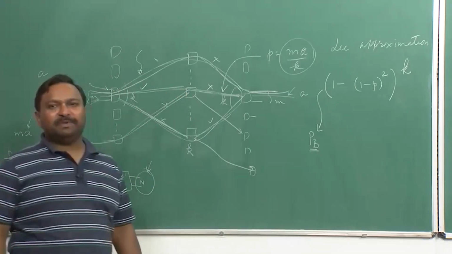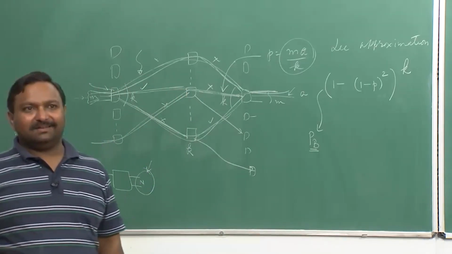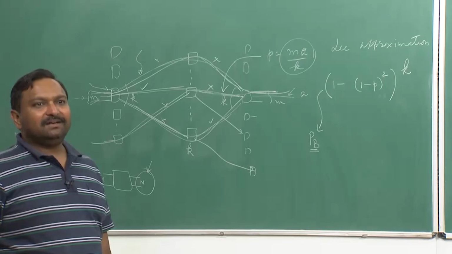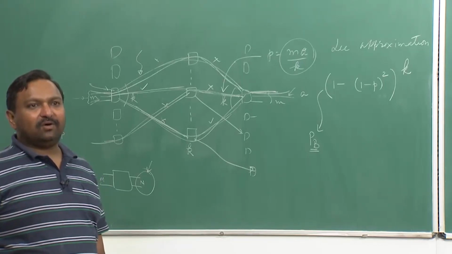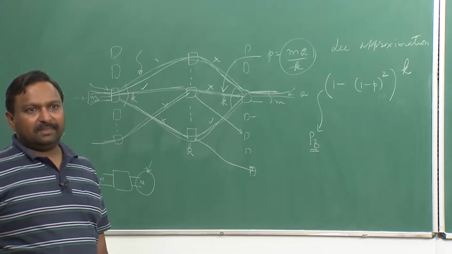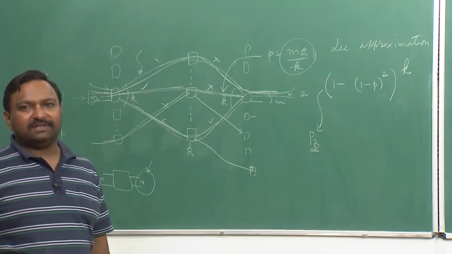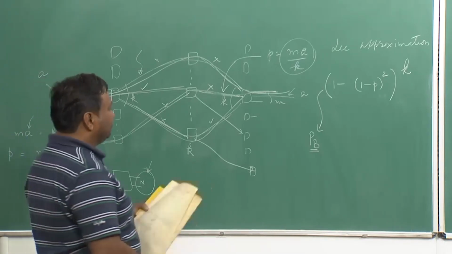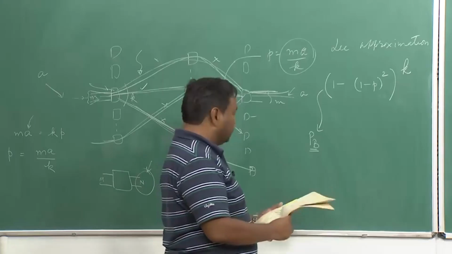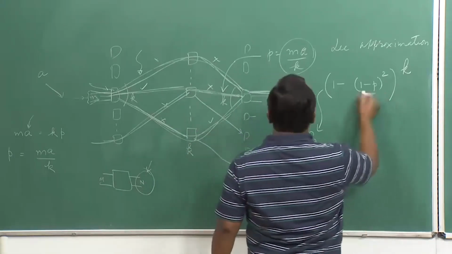Remember, this is a switch being in blocked state, this is a time congestion, not a call congestion. This is the probability that the switch is in the blocking state. Okay. So, this is what is known as Lee's approximation.